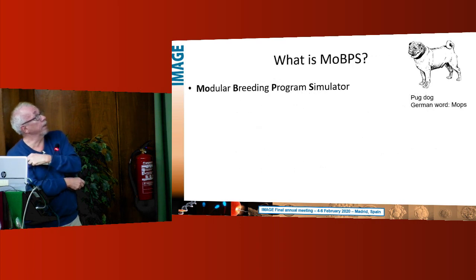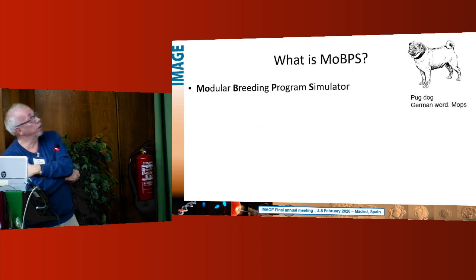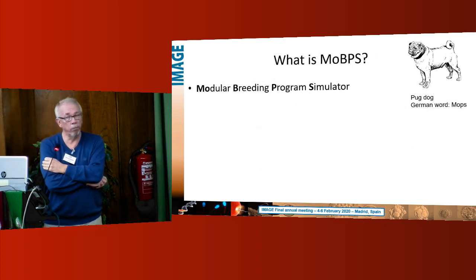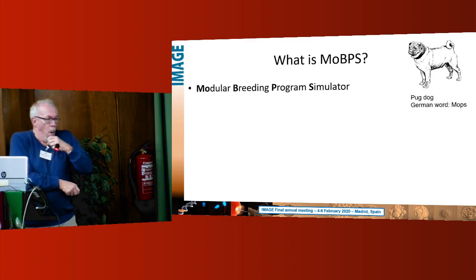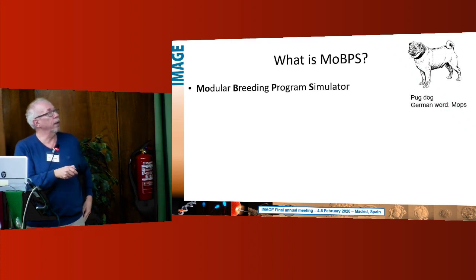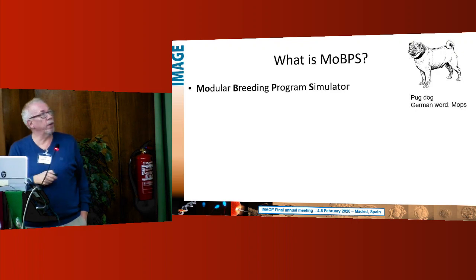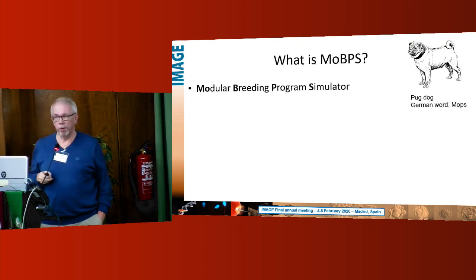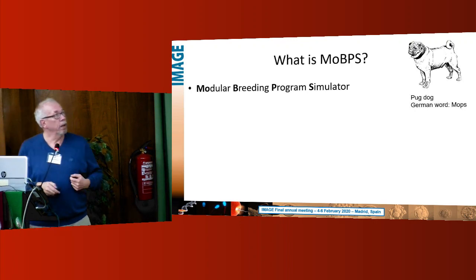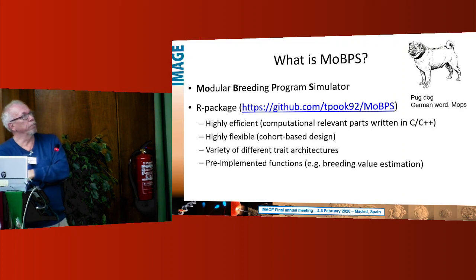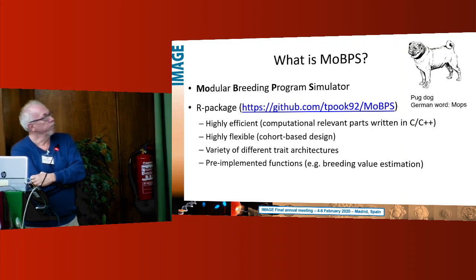Now, what does MOPS stand for? MOPS is an abbreviation. It stands for Modular Breeding Program Simulator. And it's easy to pronounce for Germans because the German word for the pug dog breed is Mops, but without a B. So for Germans, it's a very intuitive name.